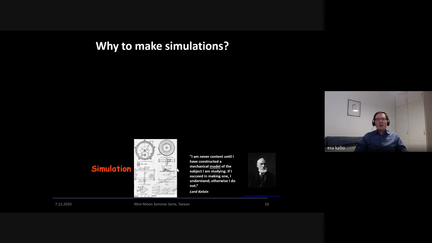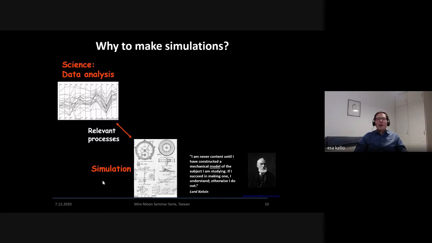Of course, 200 years ago, for example, mechanical models were the only possibility, but now we have computers, we can make electrical models or virtual worlds using simulations, and we can test our ideas, how well we really believe that we understand nature.